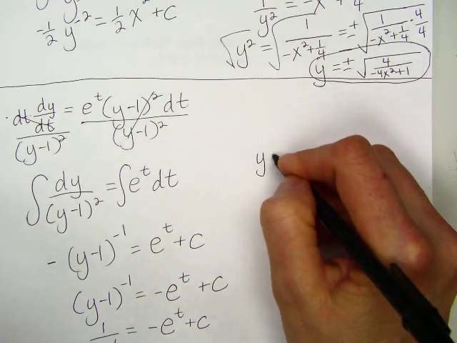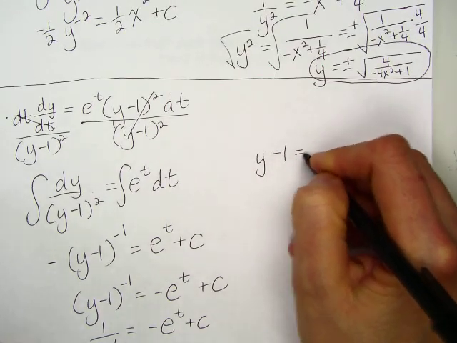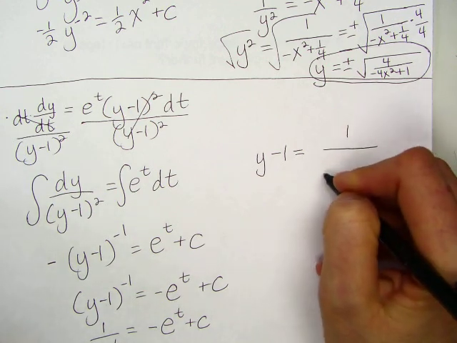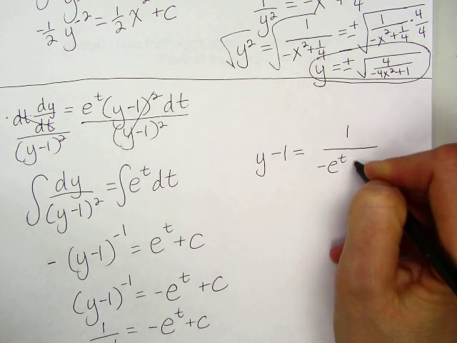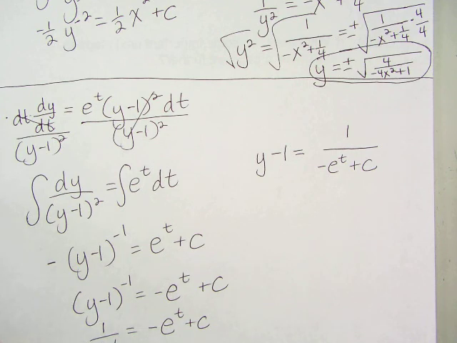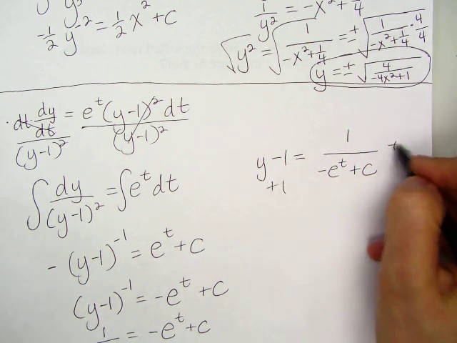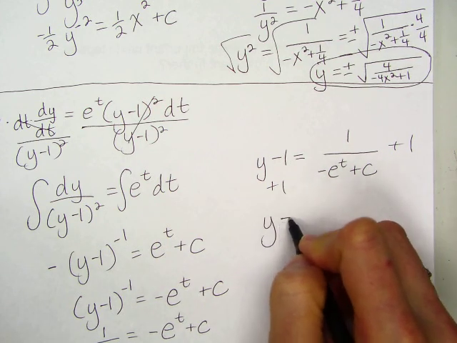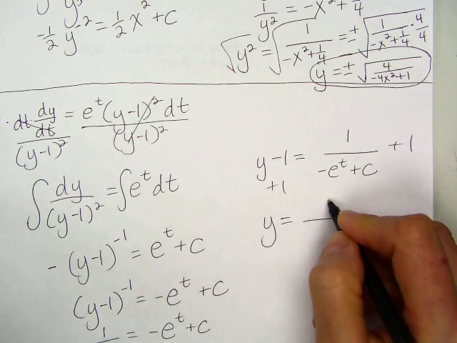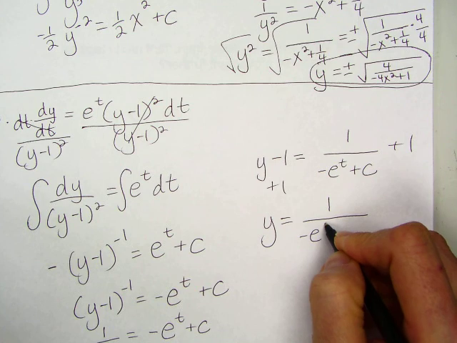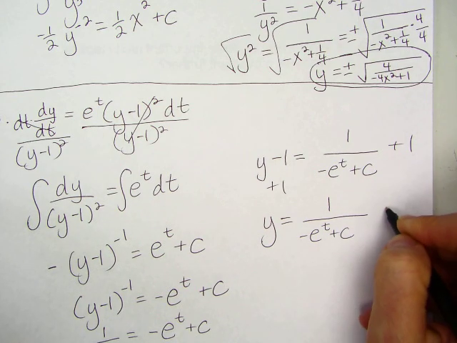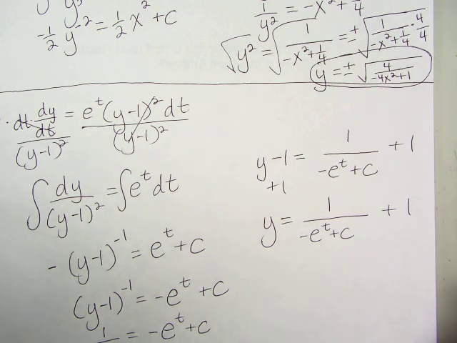So it would be y minus 1 equals 1 over negative e to the t plus c. Then add 1 to each side, and we have our answer: 1 over negative e to the t plus c, and then after that quantity plus 1.